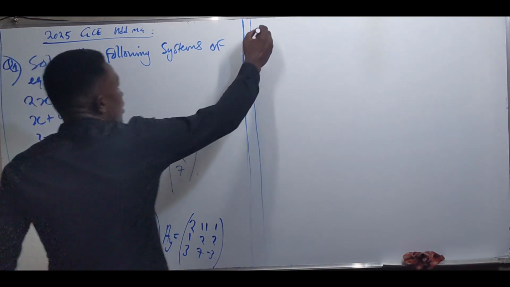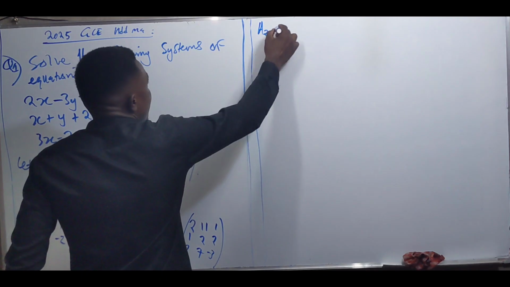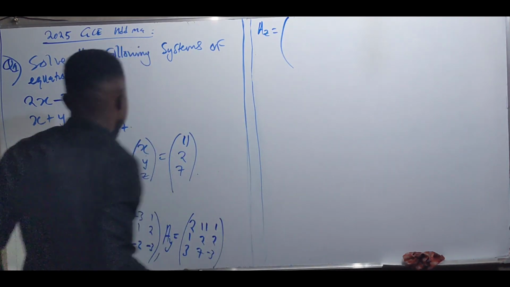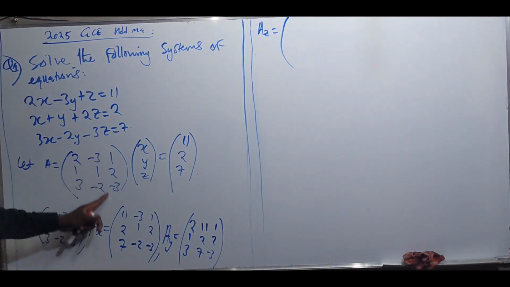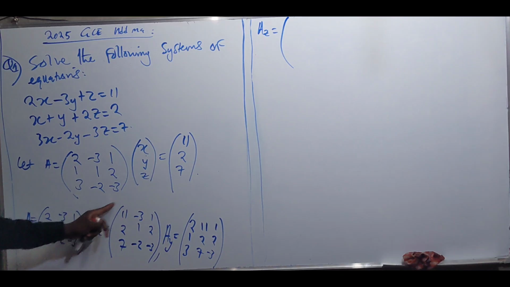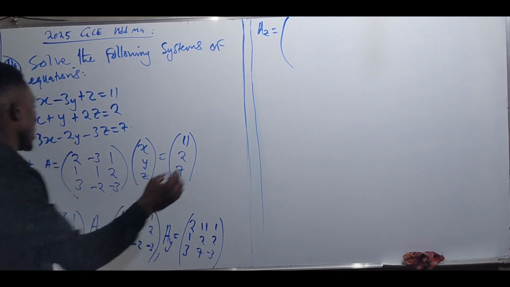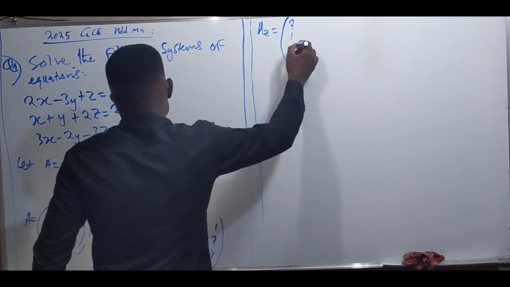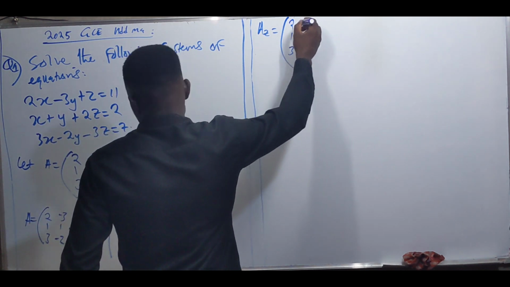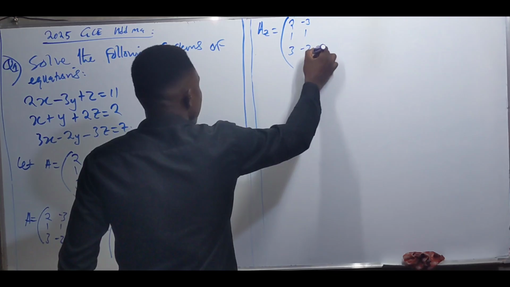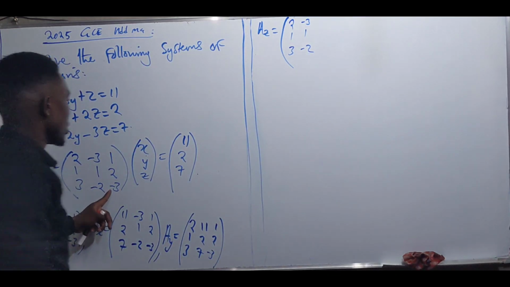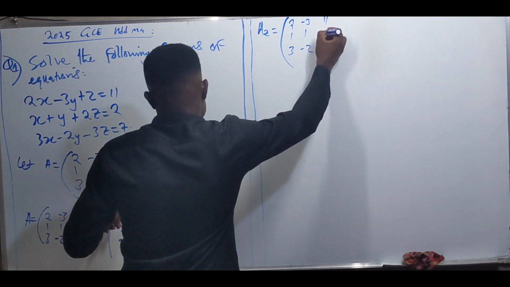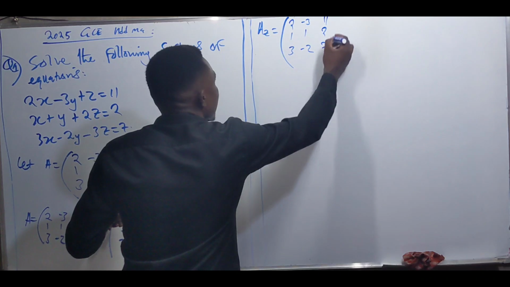The matrix with respect to the z, I'm just substituting the z coefficients with the values. These remain the way they are: 1, 2, 3, negative 3, 1, as well as negative 2. I'm substituting 11, 2, and 7.